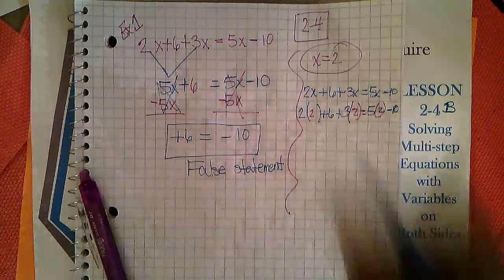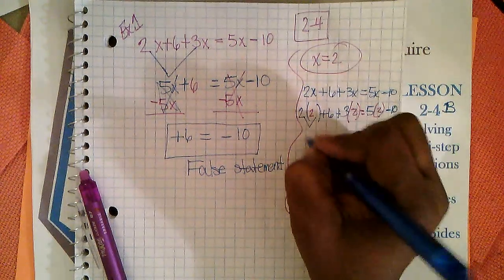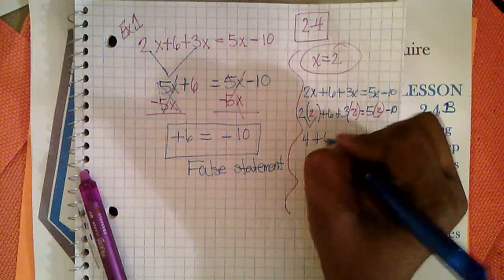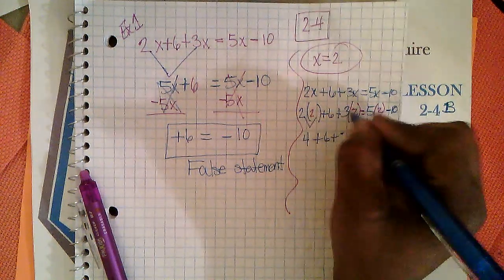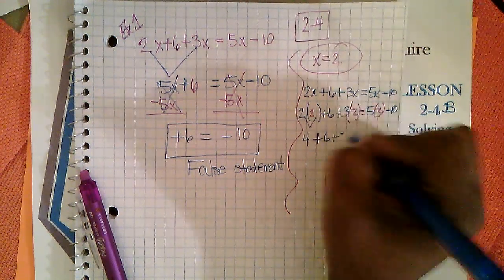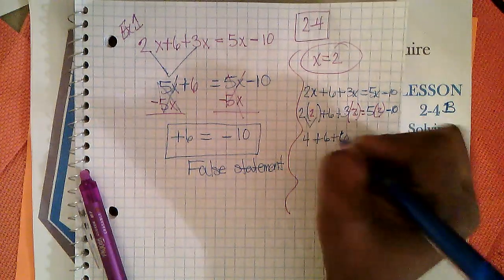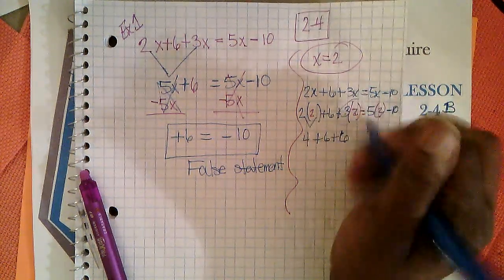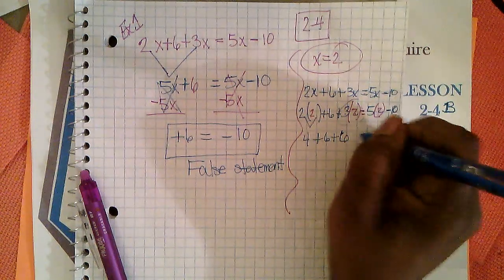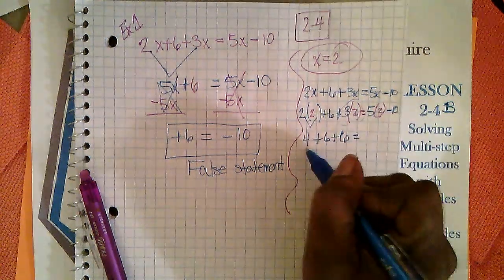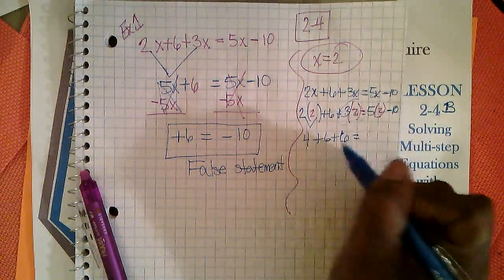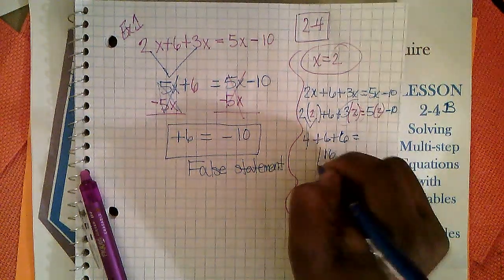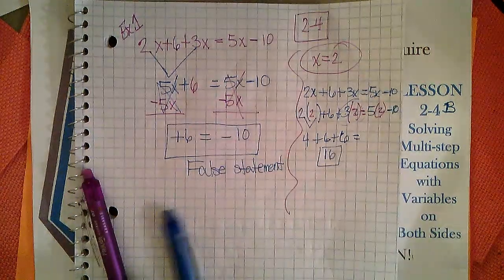Perfect. Here we go. 2 times 2 is 4 plus 6 plus 3 times 2 is 6. And we're always supposed to do the distributive property first. My bad. So 4 plus 6 is 10. 10 plus 6 is 16. So that's it for that side.